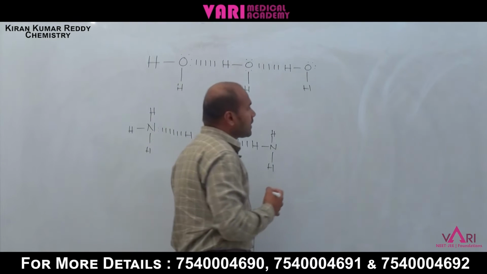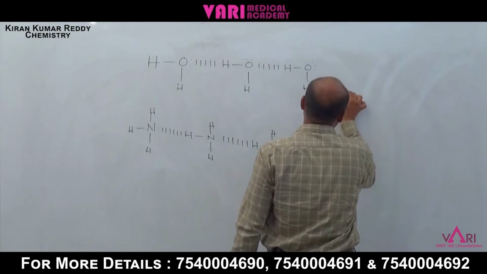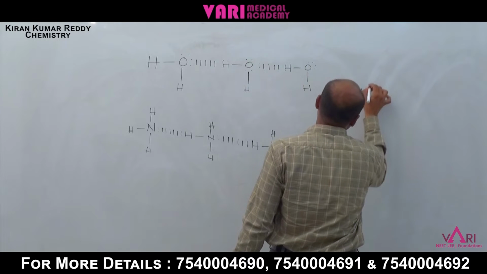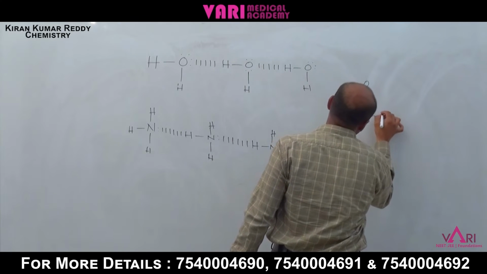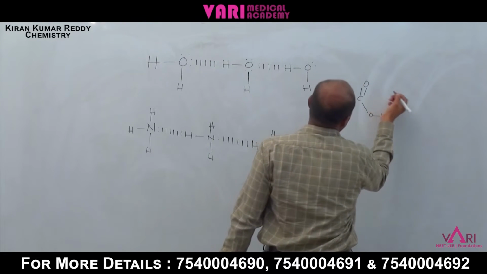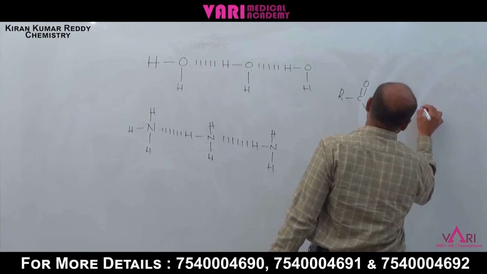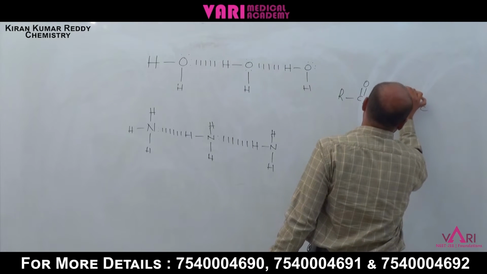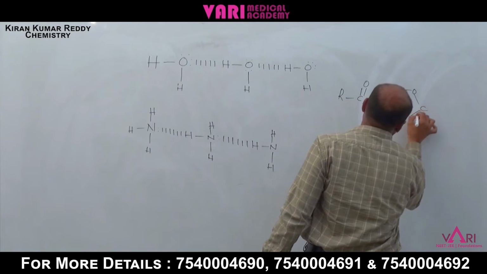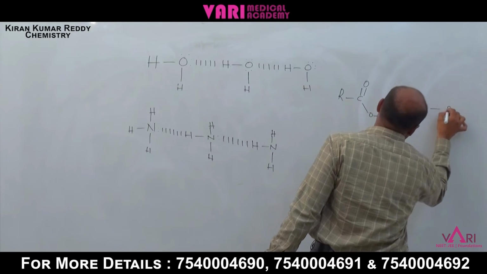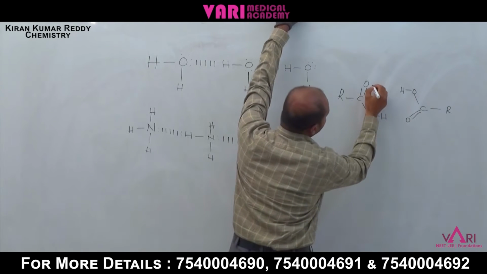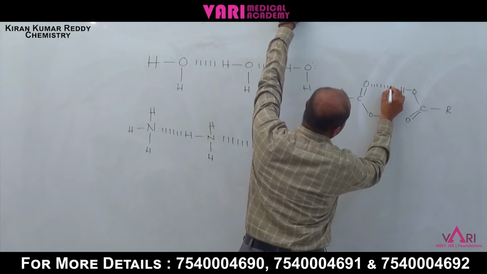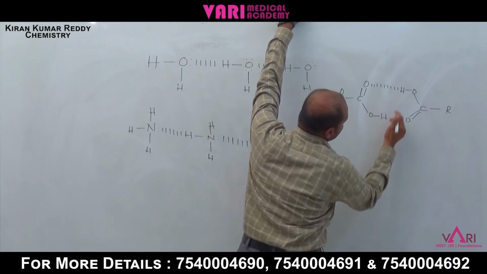Next one is carboxylic acid, RCOOH. This is the dimerization. Here is C, here is OH, here is the C=O double bond and R. Here is the electron rich heteroatom and the electron deficient hydrogen atom.